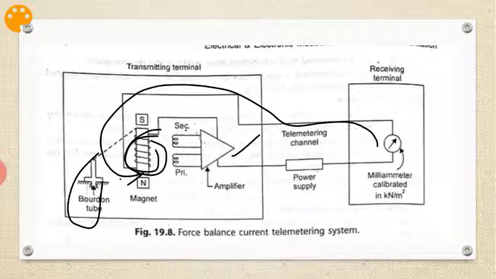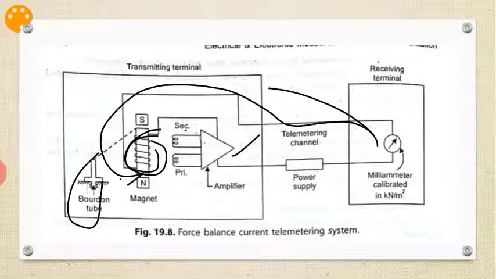The output is connected to the feedback force coil, which produces a force opposing the Bourdon tube input, because it is connected back to this. This system of current telemetry increases the accuracy as only small variations are required, which results in better linearity, because it balances the input.